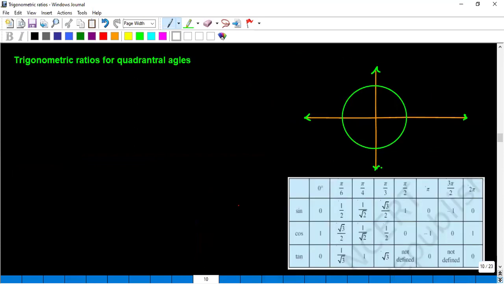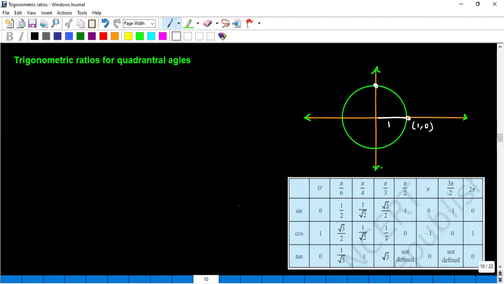Let us see the next slide. Trigonometric ratios for quadrantal angles. Again, I am taking a unit circle. A unit circle is nothing but one whose radius is 1 unit. So I can talk about this point. This point is nothing but 1 comma 0. X value 1, Y value will be 0.